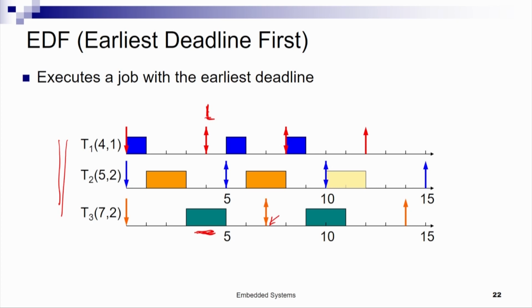However, in earliest deadline first, because the first job of T3 had a deadline of 7, while the second job of T1 had a deadline of 8, the first job of T3 remained at a higher priority than the second job of T1, and hence all the deadlines could be successfully satisfied by earliest deadline first, where RM could not satisfy them.